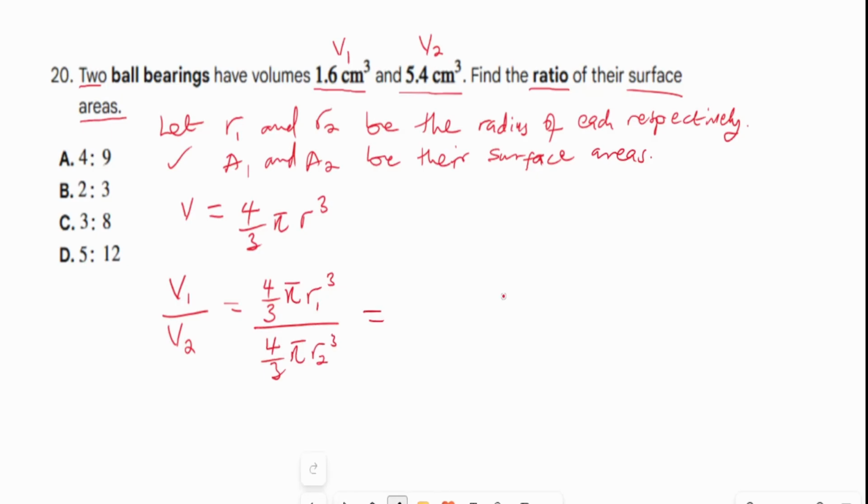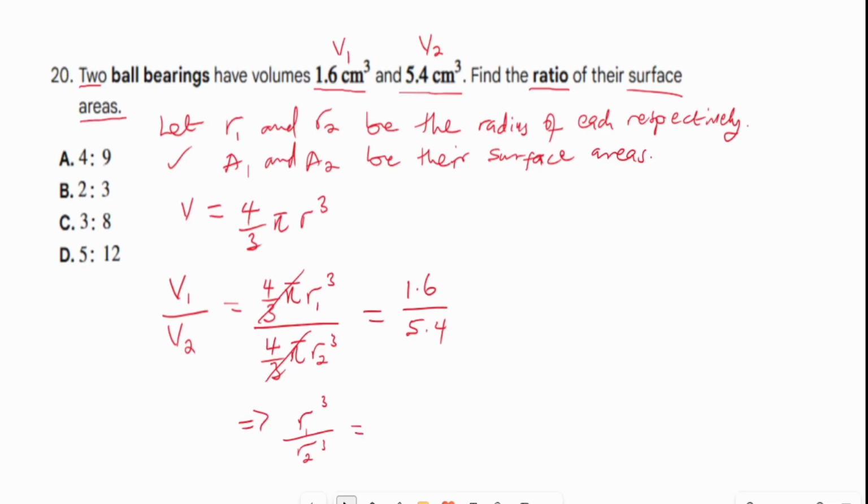And the question said V1 is 1.6 and then V2 is 5.4. So this and this are the same, so they cancel out. We'll have R1 cube over R2 cube will be equal to 1.6 divided by 5.4.